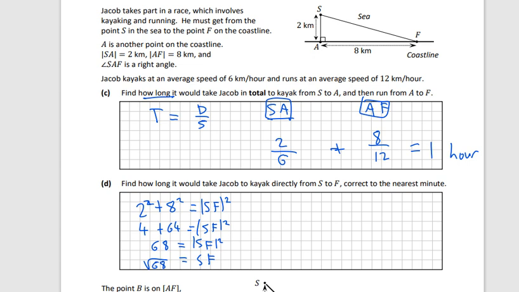I'll just leave it as root 68 because we'll be using it in a second. Again, time is equal to distance over speed. That's root 68 over the speed, and he's just kayaking, so I assume we use the kayaking speed, which is 6. If you use a calculator, that gives us 82 minutes.